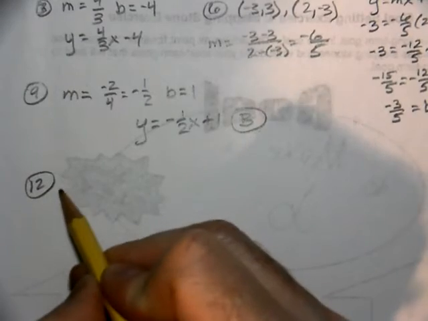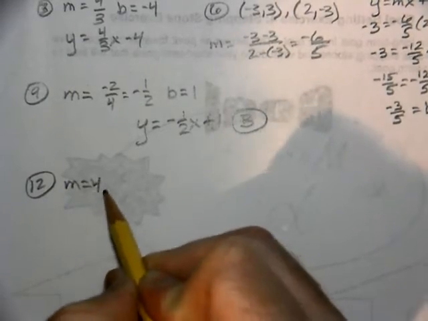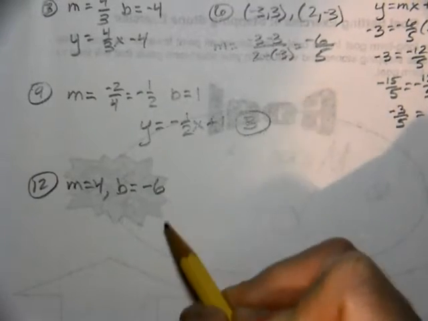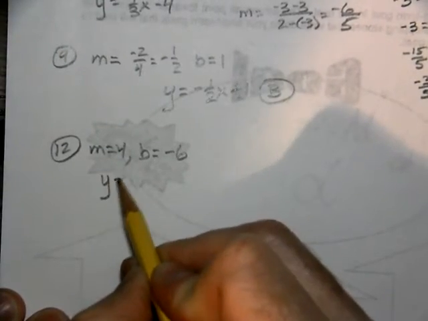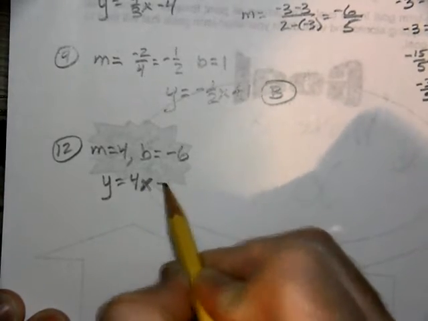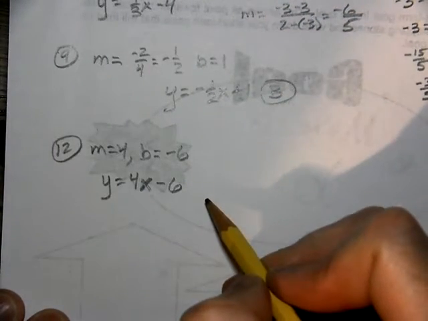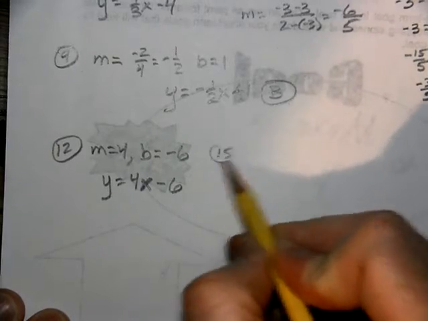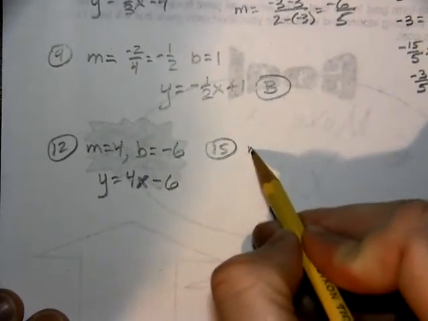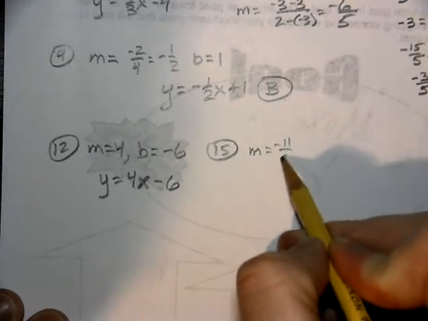For number 12, we have a slope of 4 and a y-intercept of negative 6. So our equation is going to be y equals 4x minus 6. Number 15, the slope equals negative 11/5.